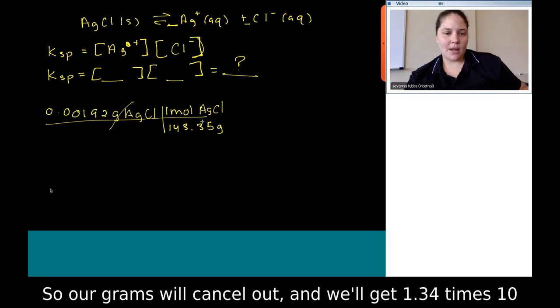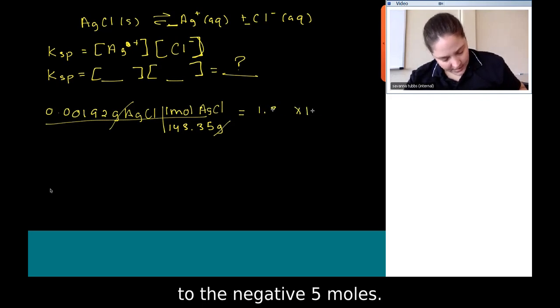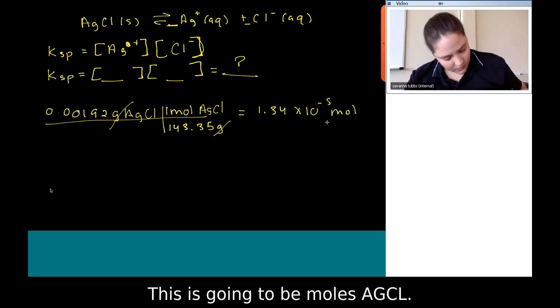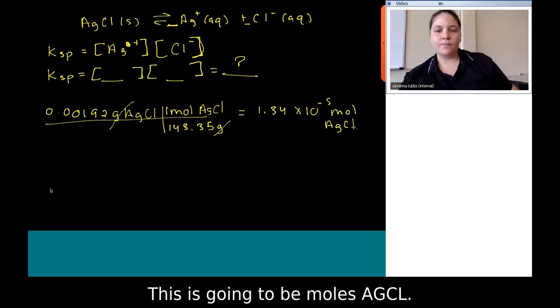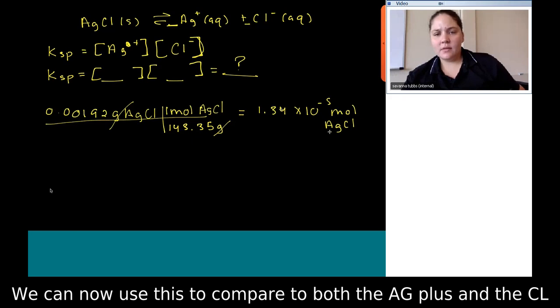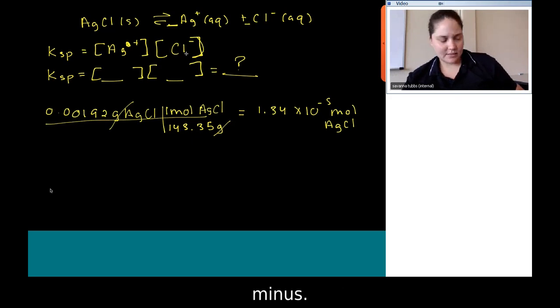So our grams will cancel out, and we'll get 1.34 times 10 to the negative 5 moles, and this is going to be moles of AgCl. We can now use this to compare to both the Ag plus and the Cl minus.